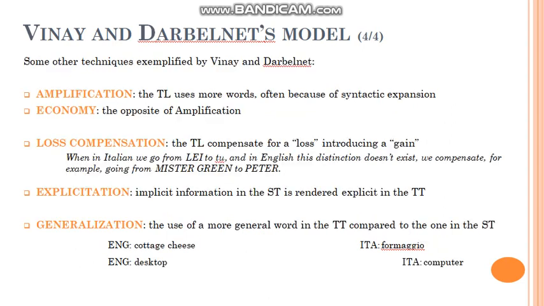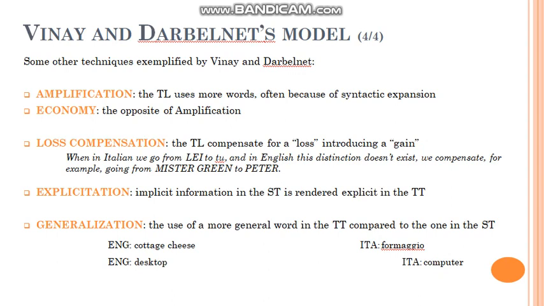Some other techniques exemplified by Vinay and Darbelnet are amplification, in which the target language uses more words, often because of syntactic expansion. Economy is the opposite of amplification. Compensation is when the target language compensates for a loss by introducing a gain, for example when in Italian we go from Lei to tu and in English this distinction does not exist, we compensate, for example, by going from Mr. Green to Peter.